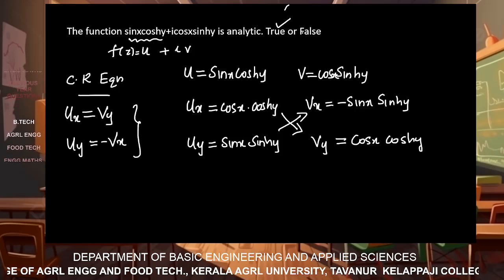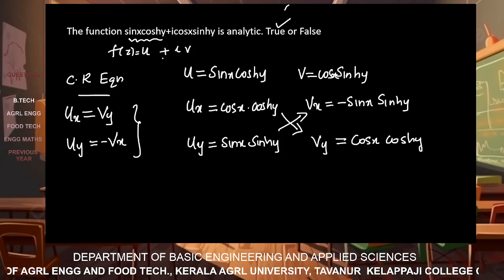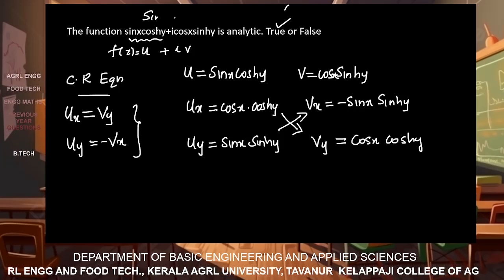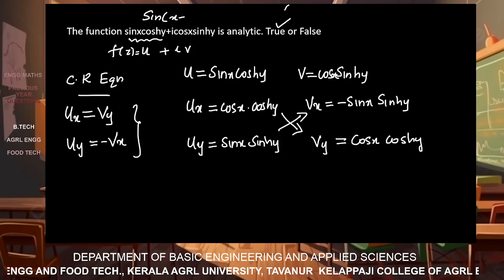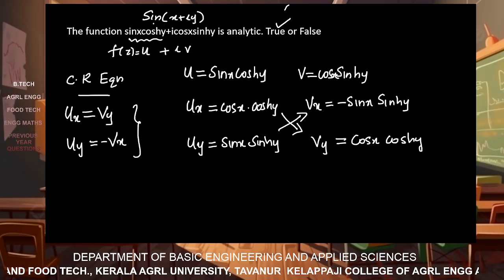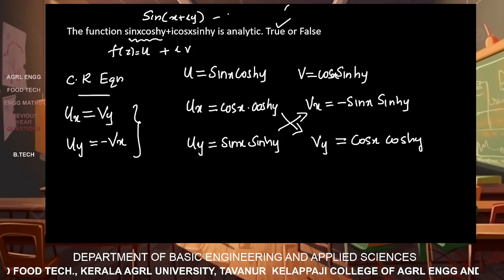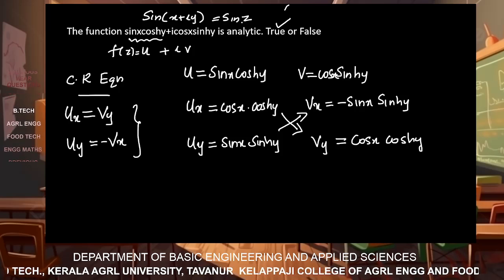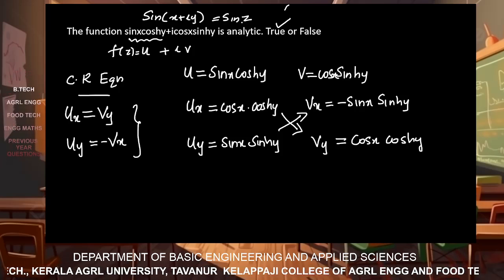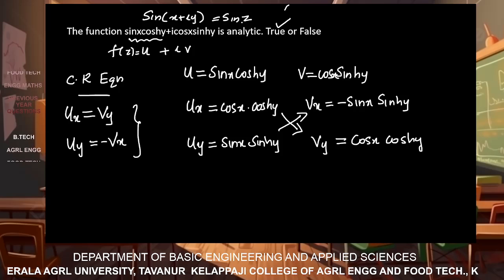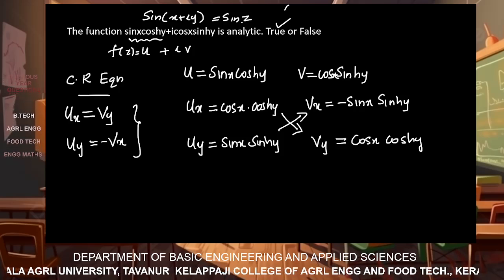It is true. Or, by another method, this is actually the expansion of sin of x plus iy, which is nothing but sin z. We know that sin z and cos z are analytic, so we can conclude that this is true.